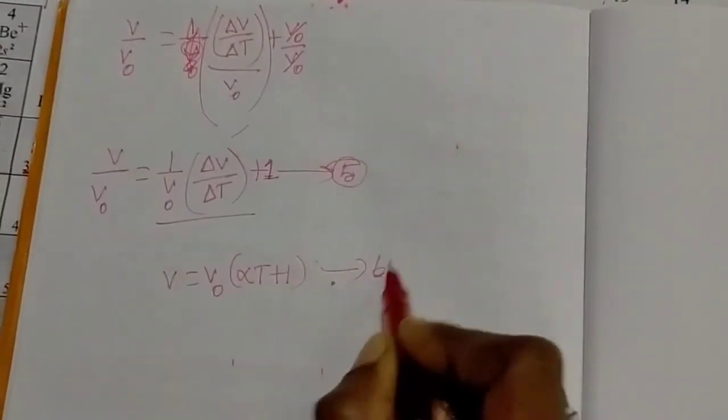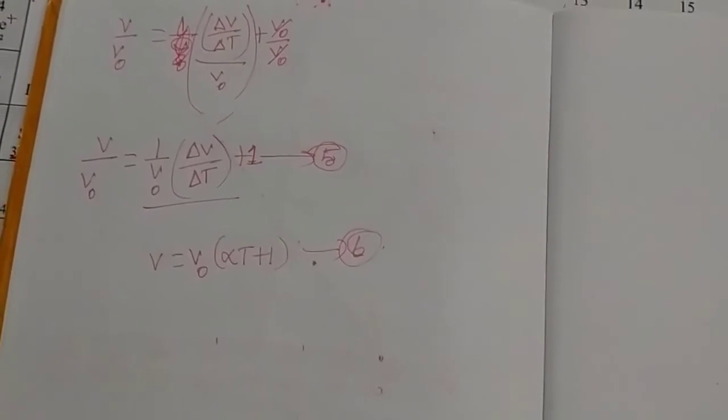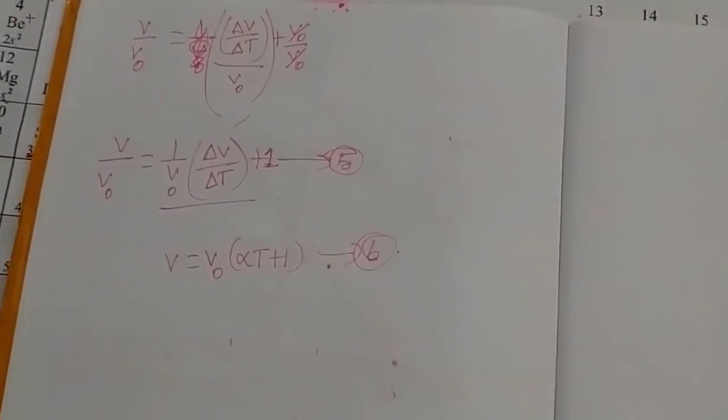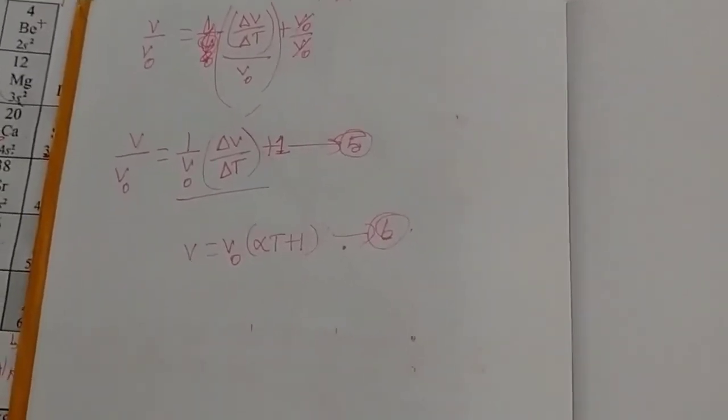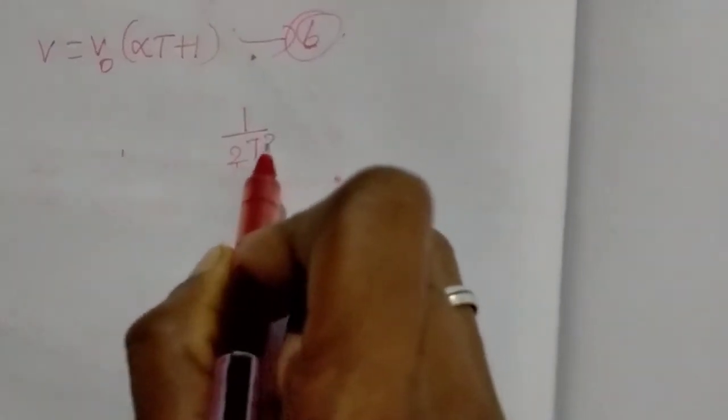This is equation 6, the relative increase in the volume per degree Celsius. Charles found out that the expansion coefficient is approximately 1 by 273.